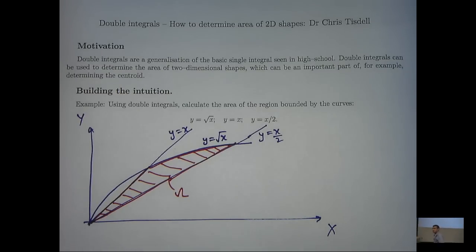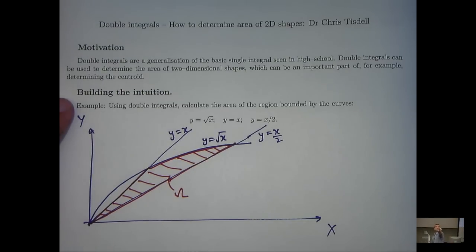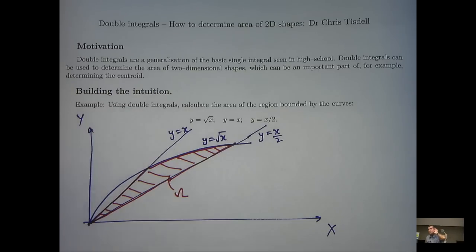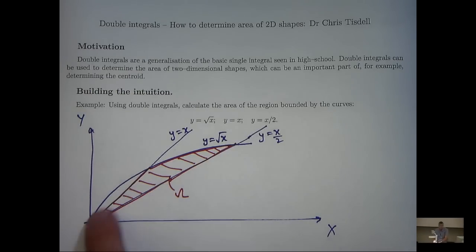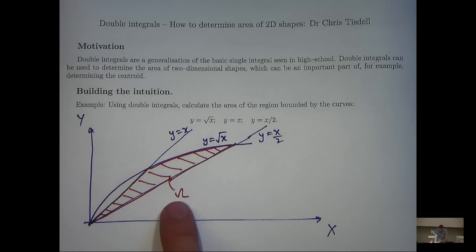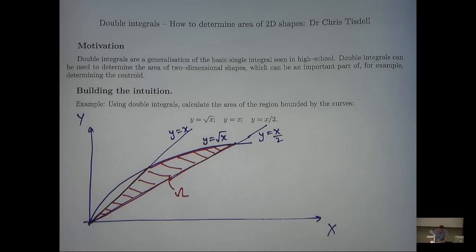However, one of the nice things about this particular example is that you're asked to use double integrals, and this forces you to think about the structure of this omega set. In particular, if you look at this omega set, it's not what's known as a simple region.